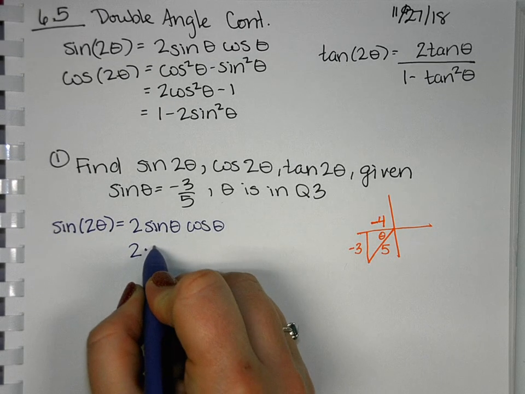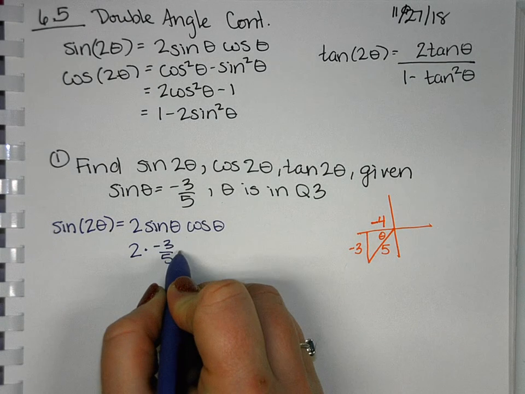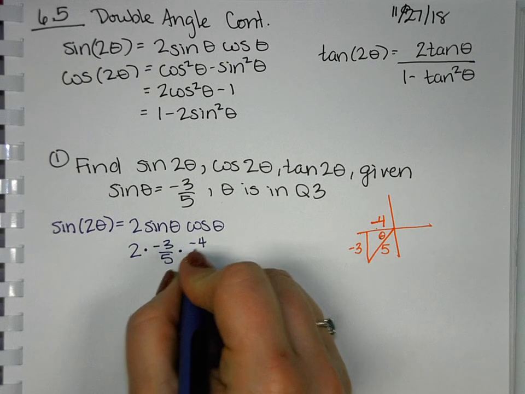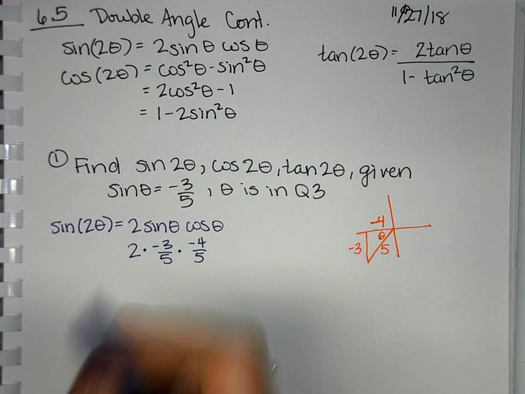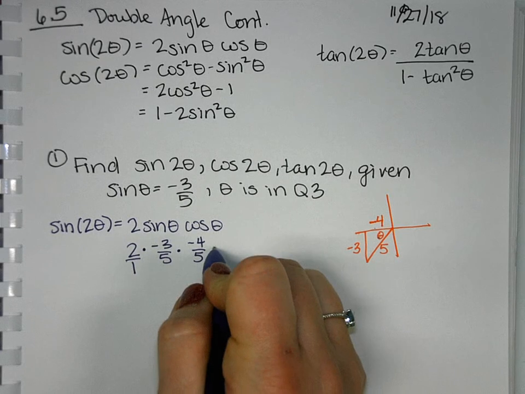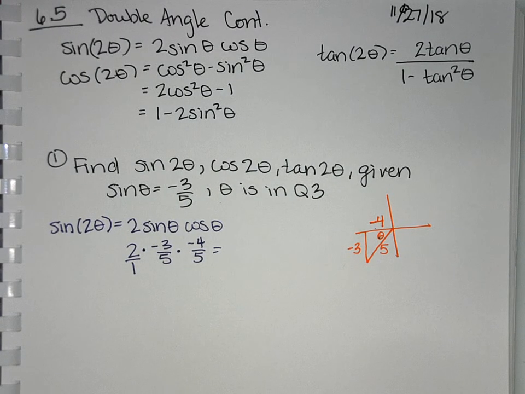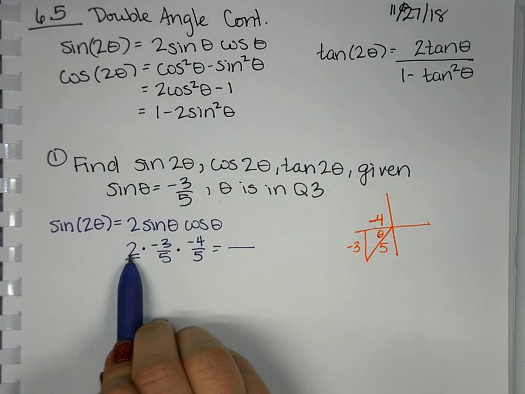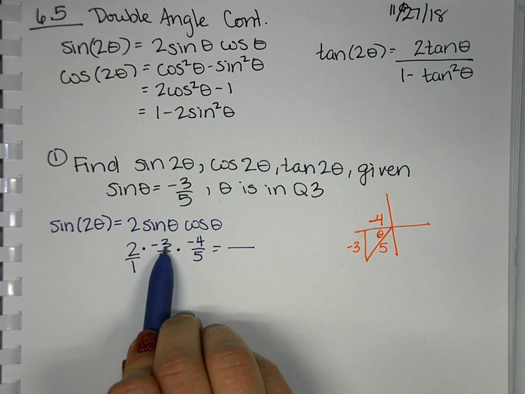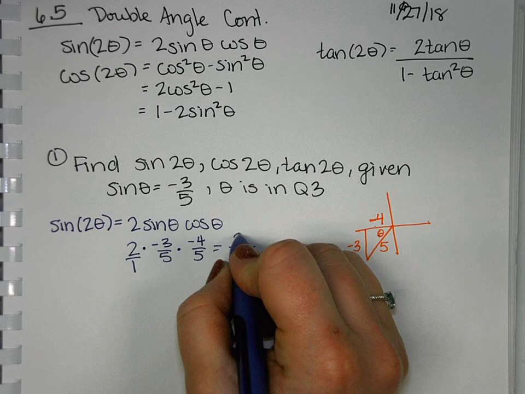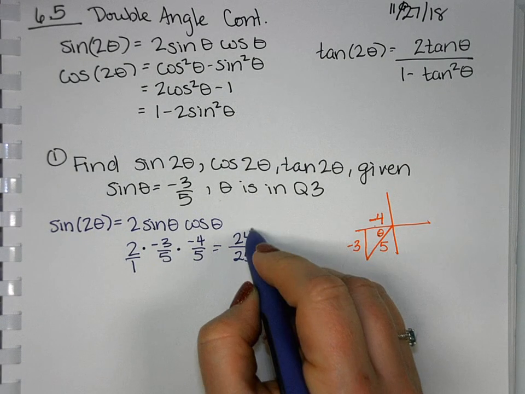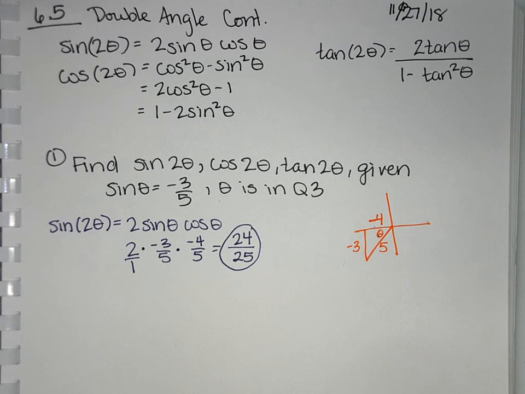So sine of theta is -3/5, and cosine of theta would be -4/5. I'm going to put the 2 over 1 so that I can multiply across the top, multiply across the bottom, and get my answer. So on top we have 2 times -3 is -6. -6 times -4 is +24 over 25. There would be your sine of 2 theta.